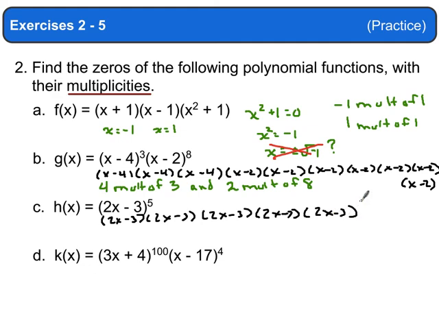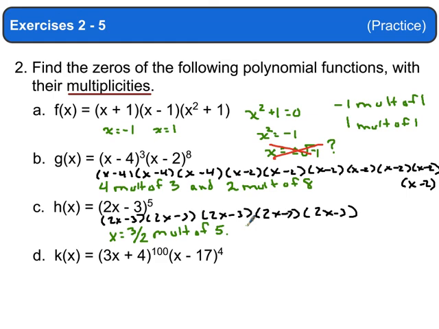I'm just reminding you that this happens 5 times. We're only going to solve one of them. If we solve one, we add 3 and we divide by 2. So we know that x is going to equal 3 halves, or 1.5. How many times is that going to happen? 5 times. So we'll say x is equal to 3 halves with a multiplicity of 5.